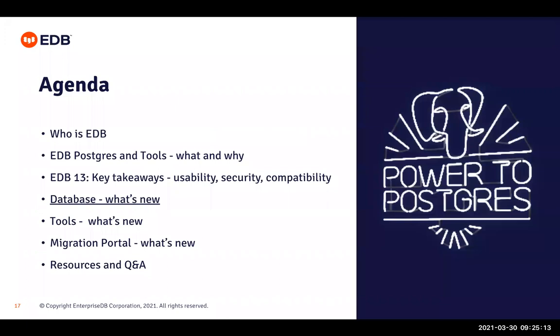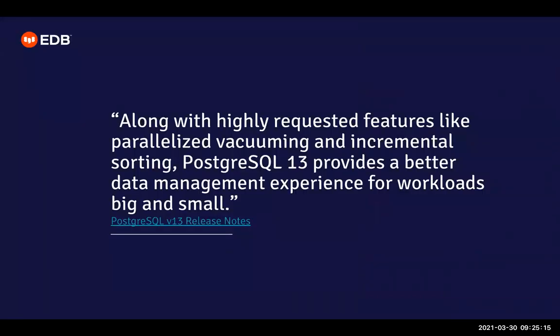So what's new in the database? Let's go into this. As I said earlier, EPAS itself is built on top of Postgres, so everything that's new in Postgres is also new in EPAS.